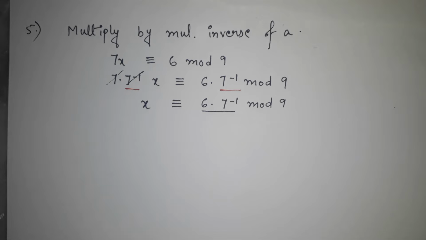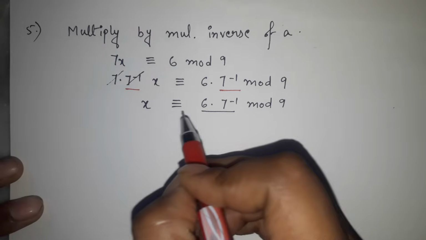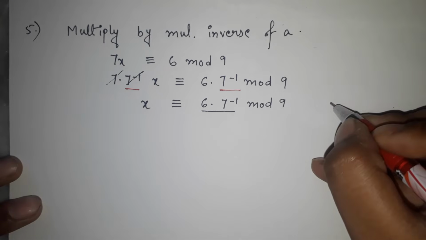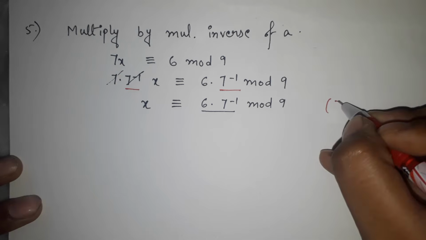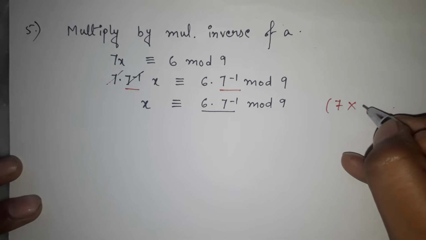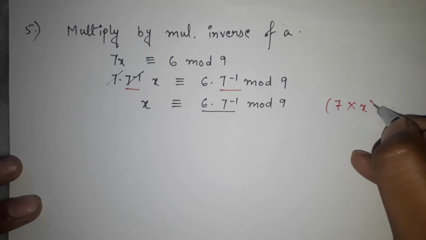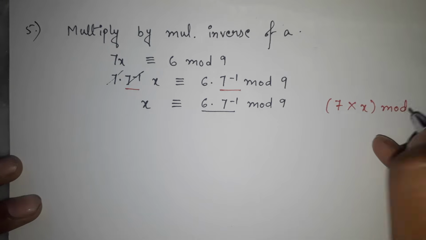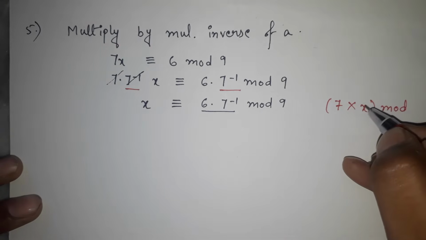Apart from that, I will tell you a simple, quick shortcut. You can interpret this as 7 into anything, like x mod n. Here we are having x, so let's take something else, like a, b or anything.